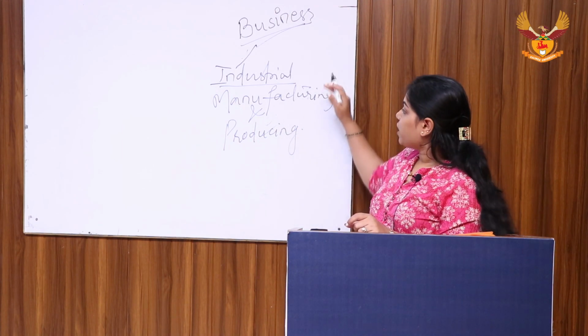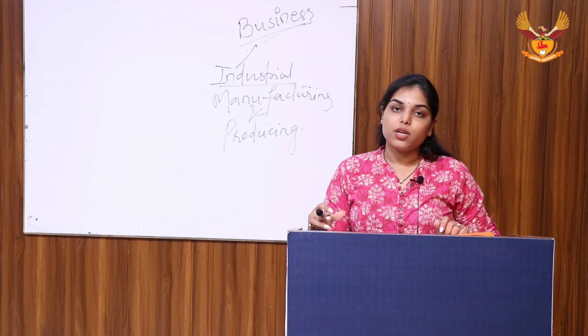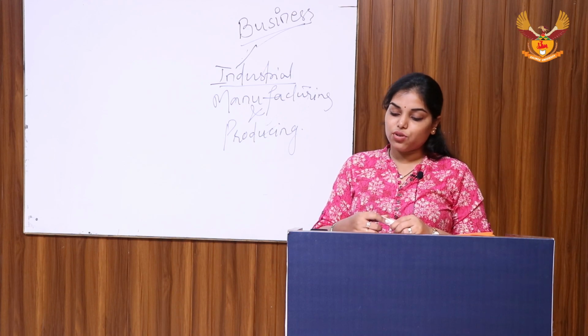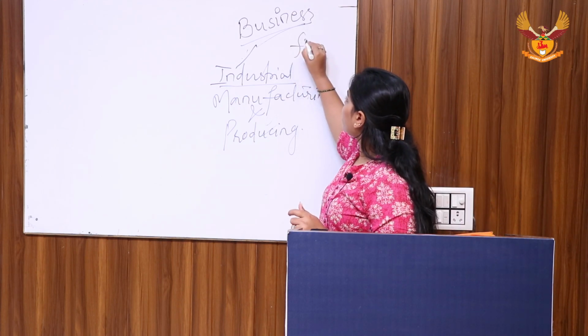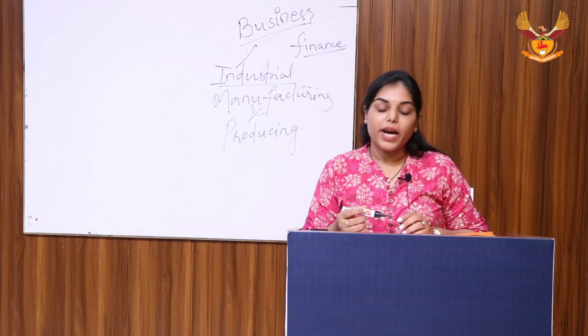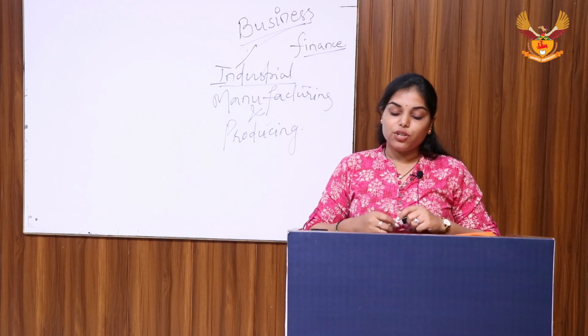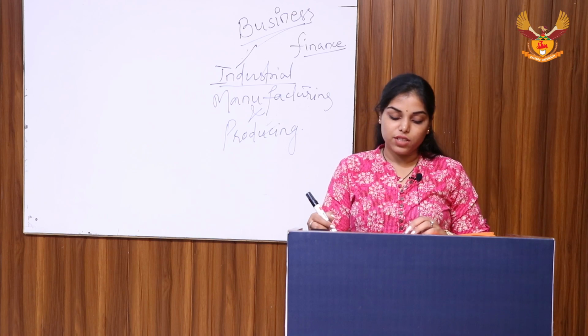Manufacturing and producing goods means you are trying to manufacture products for somebody, that is coming under industrial. Now commercial activities are all financial institutions. Everything related to your banks, your inventory, your transportation, your insurance, all these things come under commercial activities.